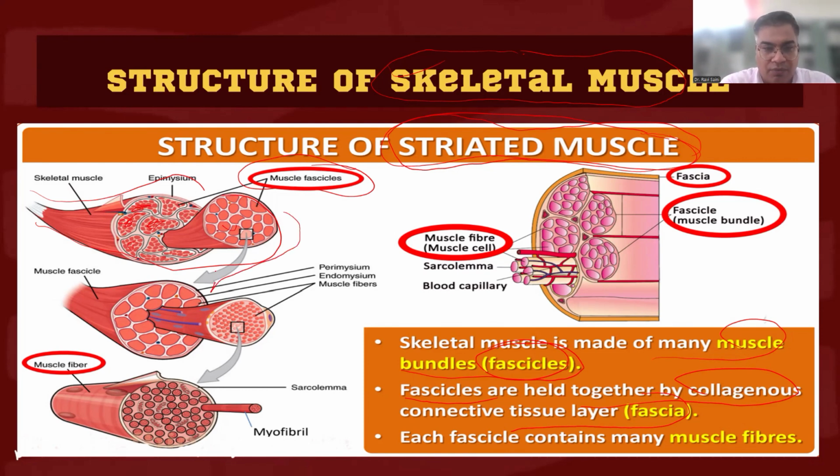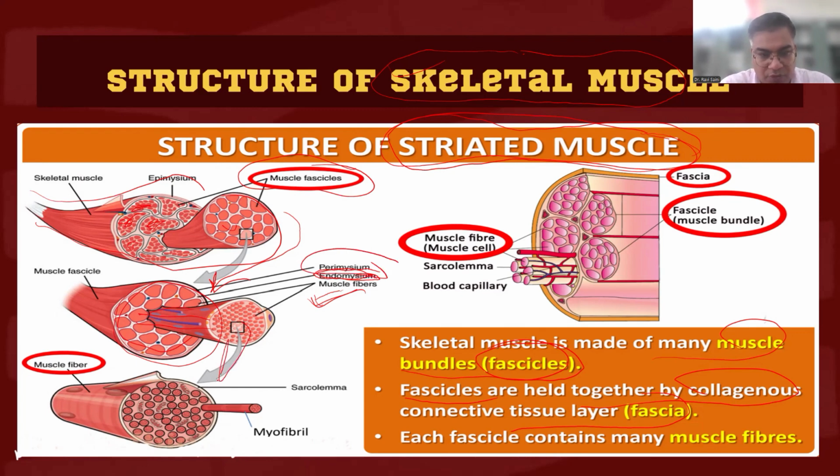Now if we take one muscle fascicle, there are numerous muscle fibers, and these muscle fibers are covered by layers of connective tissue that we call endomysium. The muscle fascicle, in which these muscle fibers are present, is covered by the perimysium.